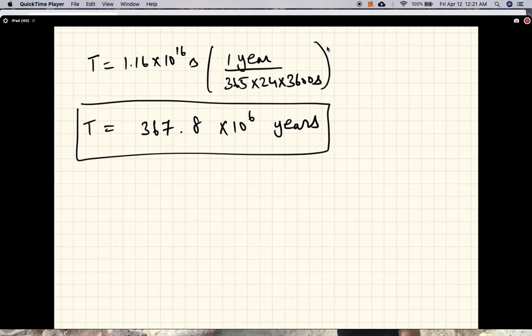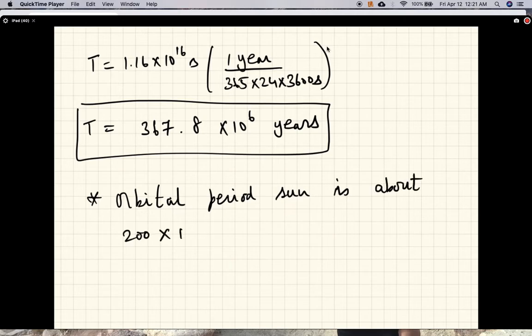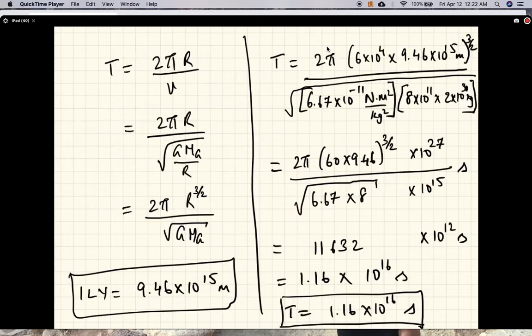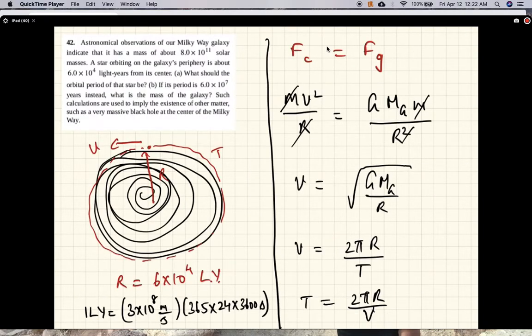The reason I know that is the orbital period of the sun is about 200 million years, and the sun is not quite at the edge. So this is roughly the right order of magnitude. 3.6, yep, okay.